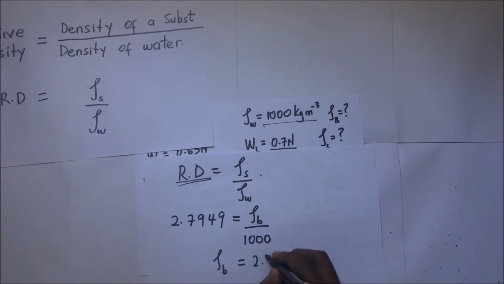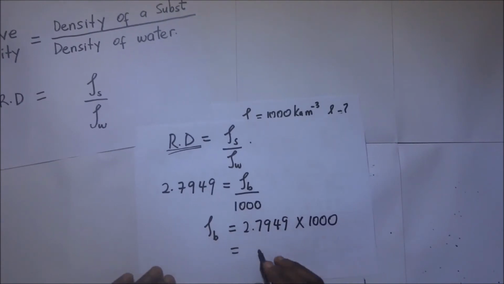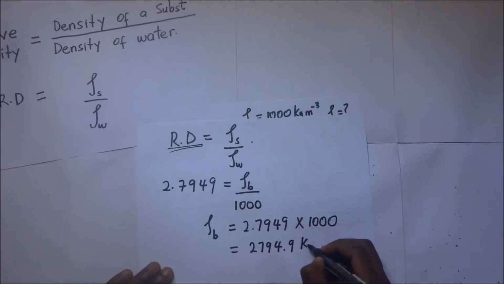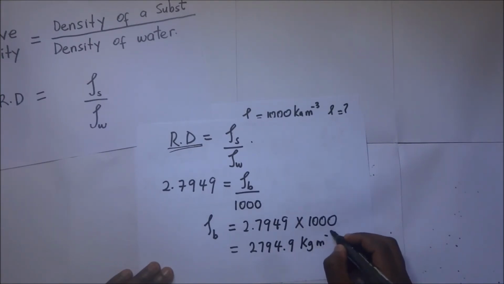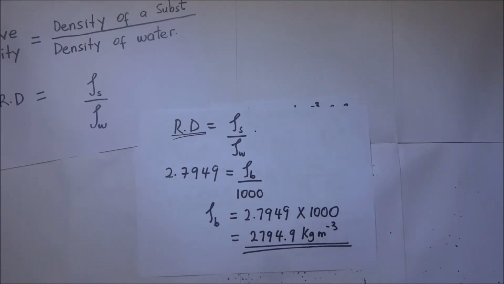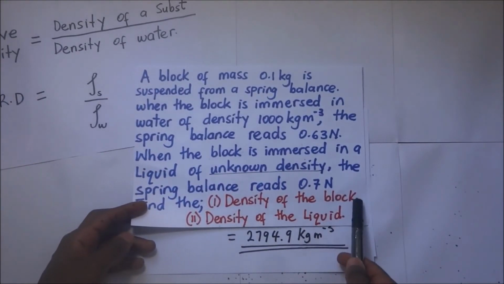So it's 2.7949, multiply that by 1000 kilograms per meter cubed, and that is going to give us 2794.9 kilograms per meter cubed. So this is going to be the density of the block. Now that answers Part 1 of our question.